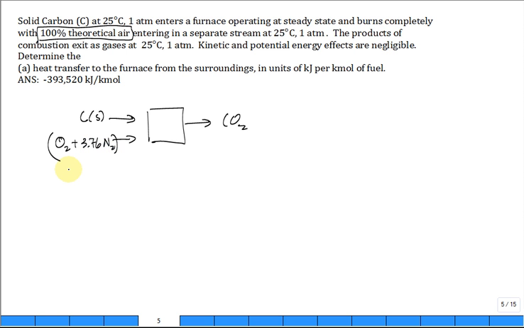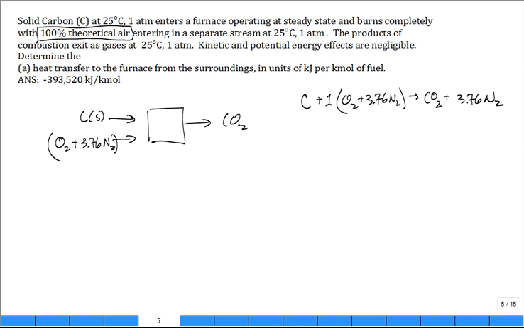So let's write our balanced reaction equation. It looks like this. C plus O2 plus 3.76 N2 goes to CO2, it's a 1 in front of it, plus, and then there's a 1 there, 3.76 N2. Did I do that right? 100% theoretical air.